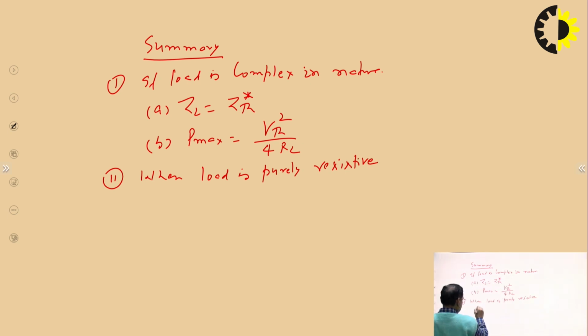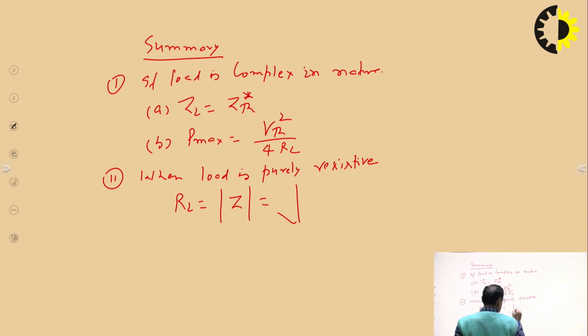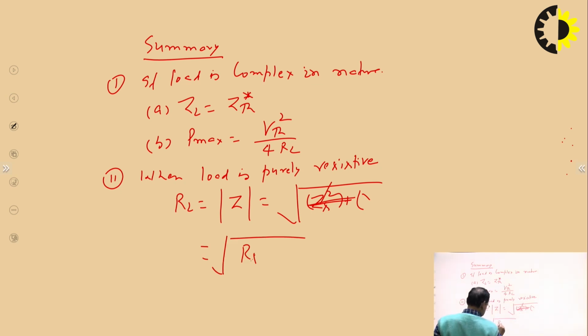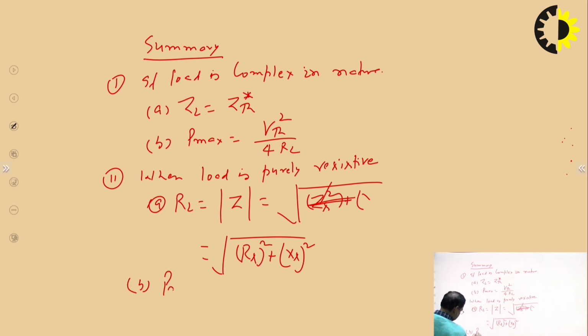In this case RL is mod Z, which is root of RS square plus XS square, and P max is again VTH square upon 4 RL.